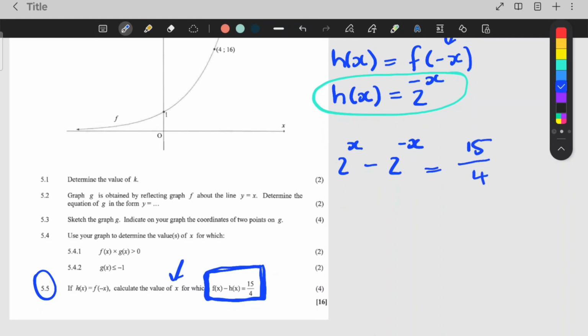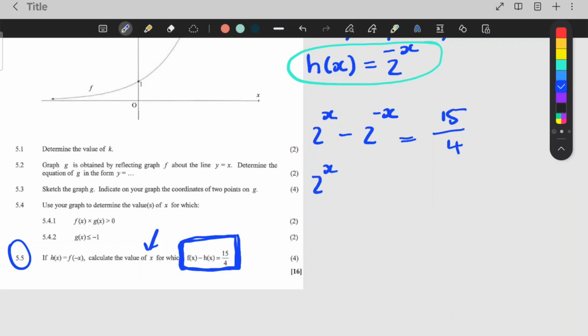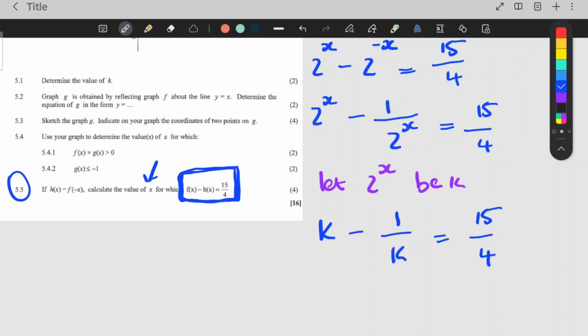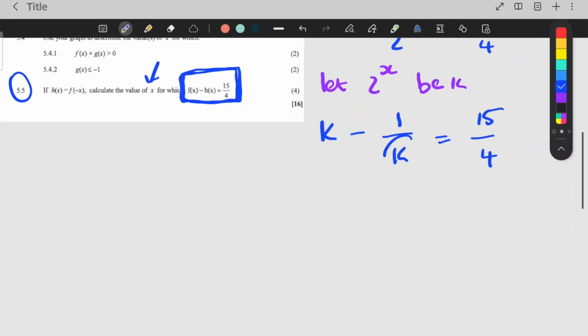What is x? I would rewrite this as a positive exponent: 1 over 2 to the x is equal to 15 over 4. Then I'm going to let 2 to the x be k. This becomes k minus 1 over k equals 15 over 4. Now I want to get rid of the denominators.